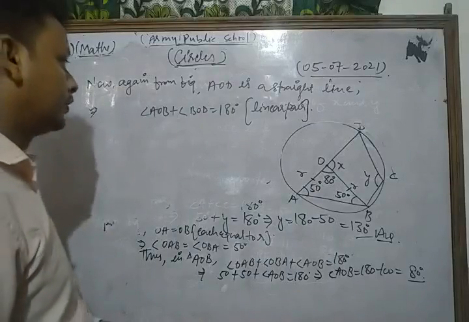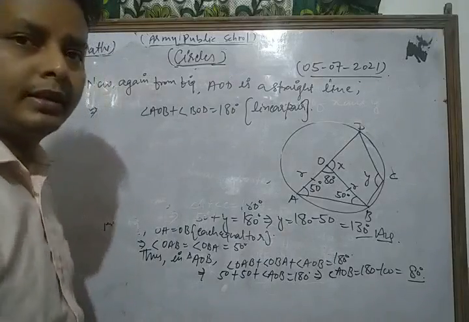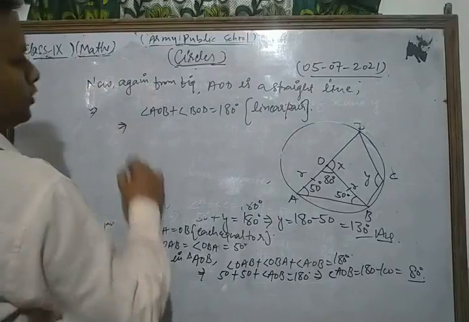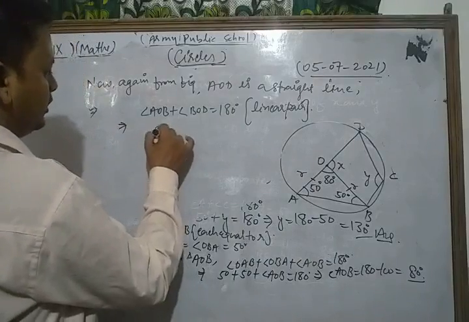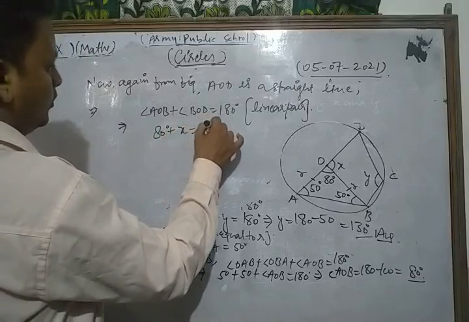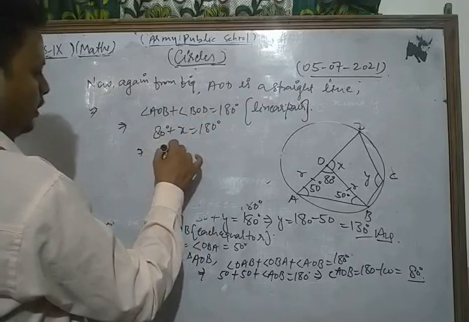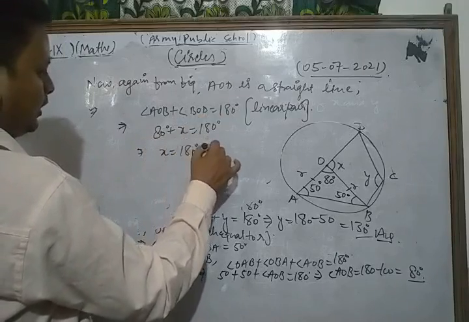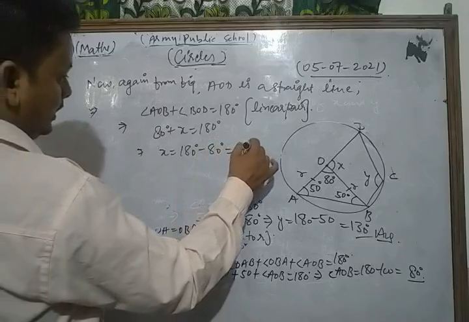So from there we put the angles AOB and BOD: AOB is 80 degrees plus angle BOD, which is x, is 180 degrees. So the value of x is 180 minus 80, that is 100 degrees.